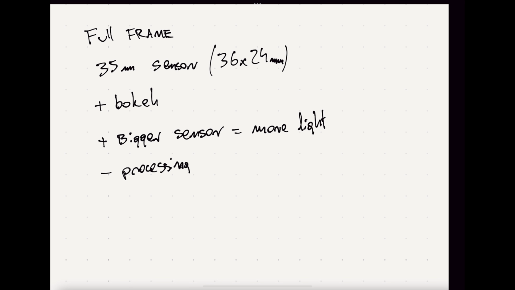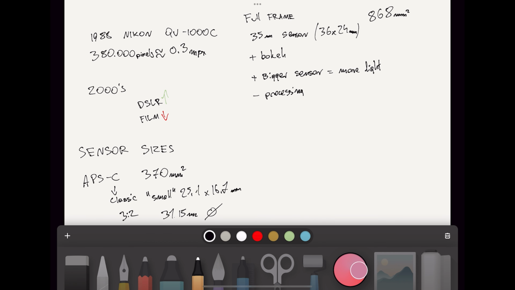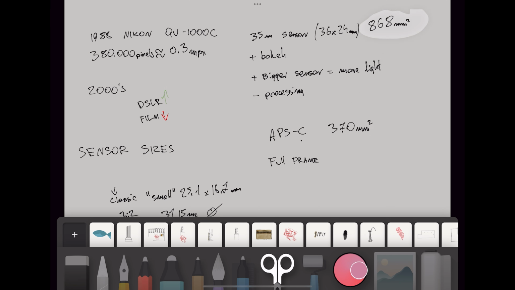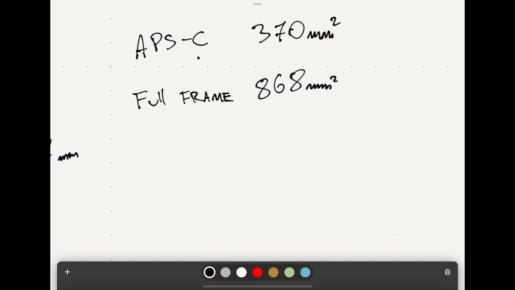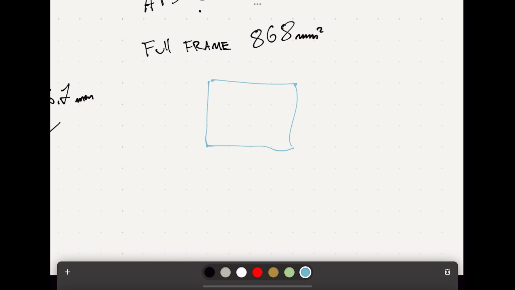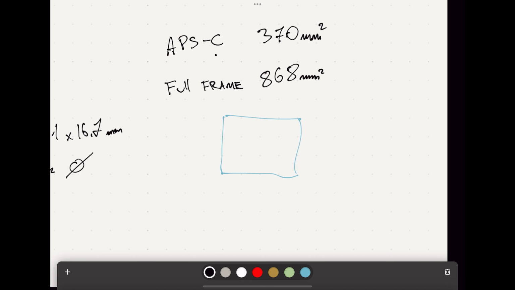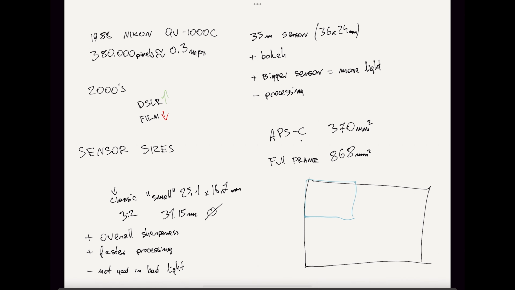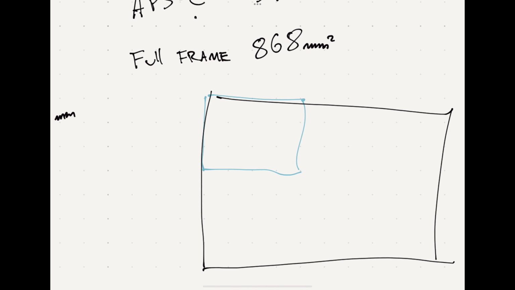And this one in size is 868 square millimeters. So if we compare the sizes, you can see the difference, right? APS-C, let's say, would be more something like this, but full frame would be more like this. I'm eyeballing here, so it's not perfect maths or anything.